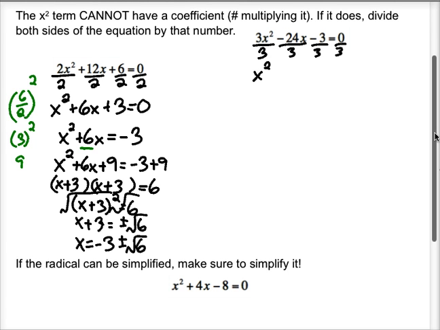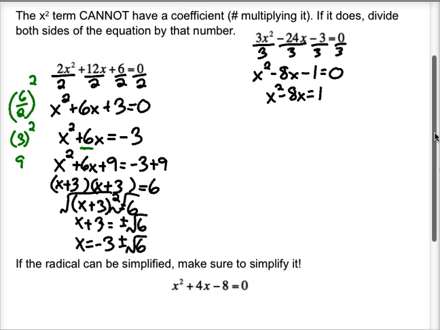That's going to leave me an x squared minus 8x minus 1, and then 0 divided by any number is still 0. So now I have the setup that I need to complete the square. First step, move the constant term to the other side. So I'm going to add that 1 over to my other side.